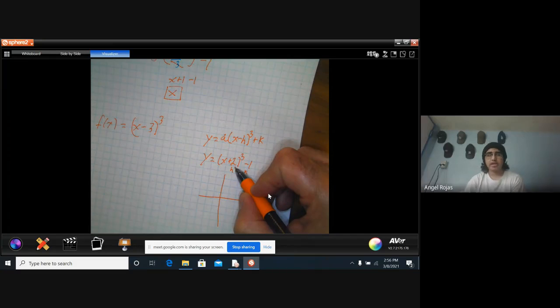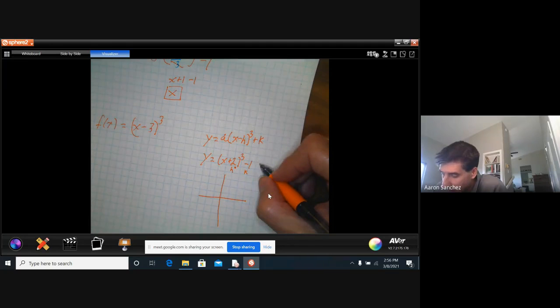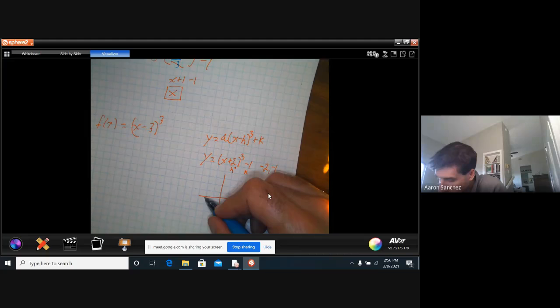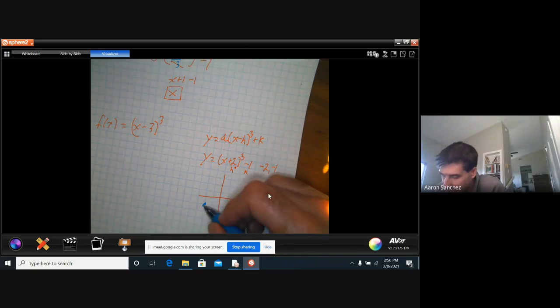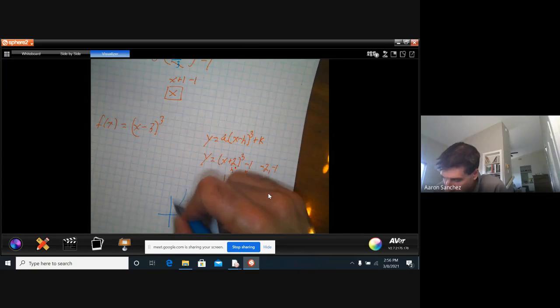The h and k, yeah, but not in cubed. Okay, it's the same. So the h and k, remember the h is opposite, -2, and the k is -1, stays the same. So that means at -2, -1, that's where my vertex is going to be. Like if it was a parabola, you'd move this over.